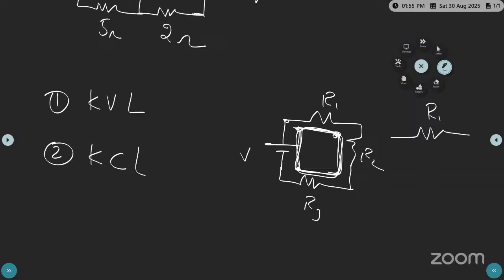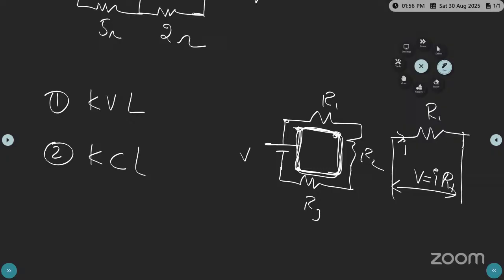Voltage across the element is V equal to the current flowing through the element. Let us say the current is I. Simple Ohm's law: V is equal to I into its resistance R1. So if a resistor is available, there exists a voltage across the element.